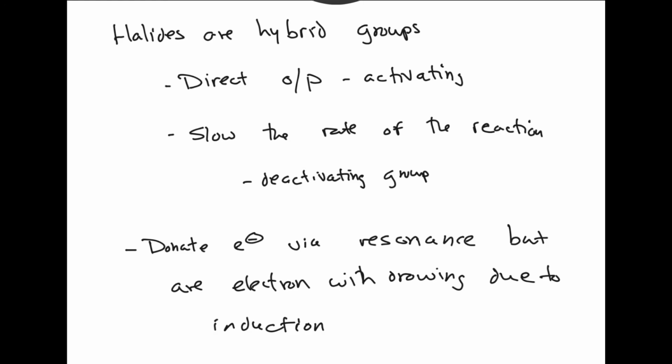the ring. So when you have a halide, we'll use a generic X here, right? There's induction. You've got this negatively charged thing pulling electrons towards it. Right, so you're pulling the electrons out of the ring through the single bond.